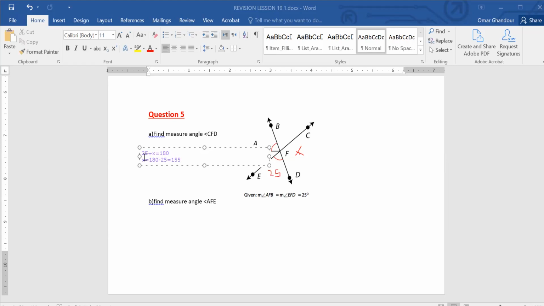So what did Amani do? Amani said, this angle is 25. This is given already. And this is my unknown, x. And these two angles form a straight line, so they are going to be a linear pair. So if I add them, they will give me 180. And then she did some shifting and found x. Very good. What about B?